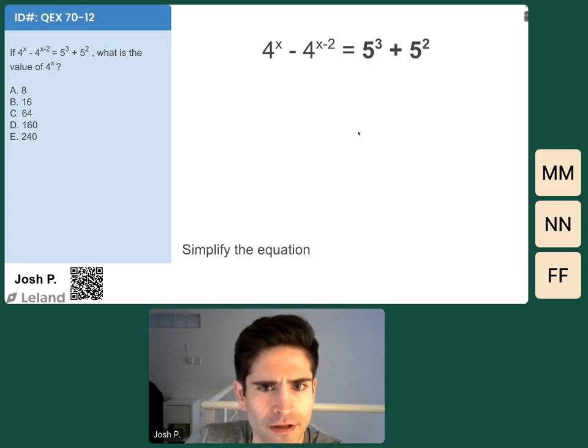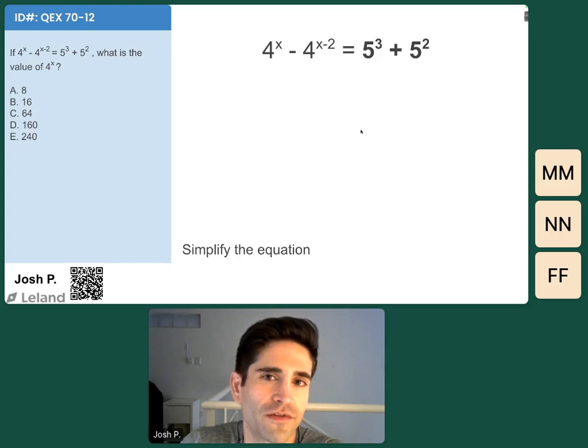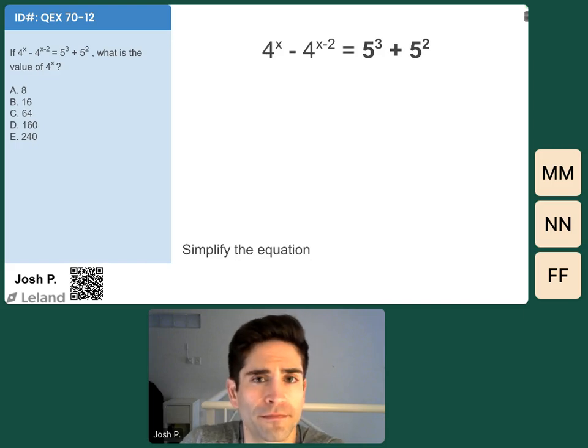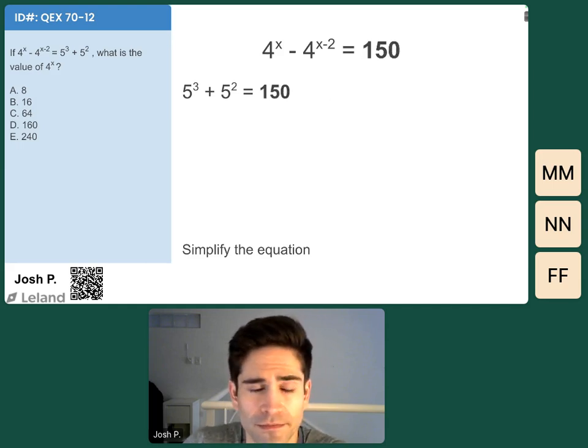Great. So let's first simplify the equation by solving what we can definitely do, which is 5 cubed plus 5 squared. Now 5 cubed plus 5 squared is equivalent to 125 plus 25, which gives us 150.